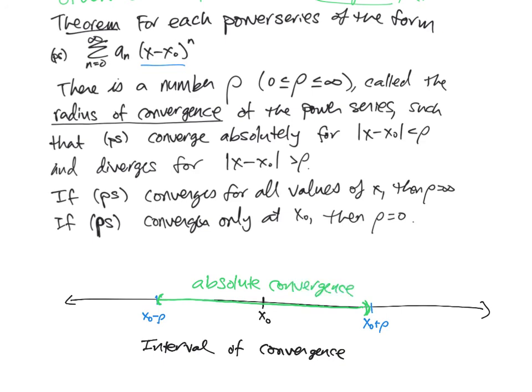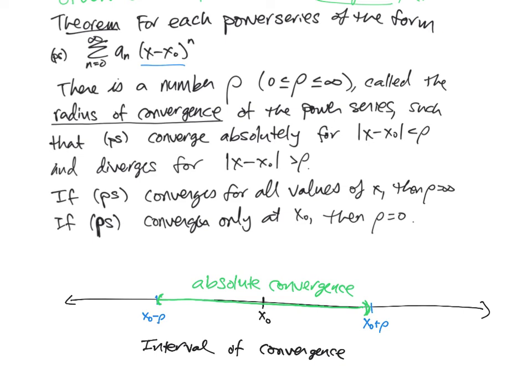And what absolute convergence means is that if you put absolute values around the x minus x_0, then it converges. And usually that ends up making not a big difference, but sometimes it does. But that's getting into a bunch of series stuff that we're not really going to talk about.